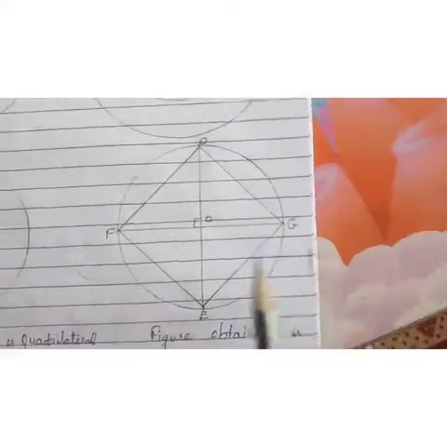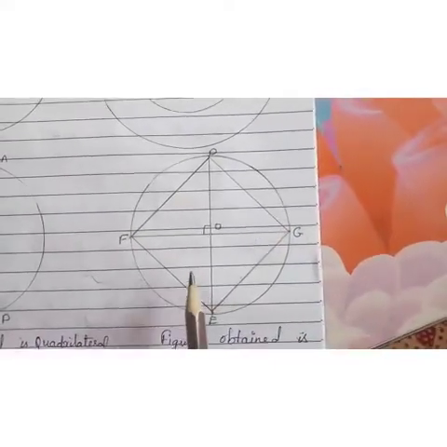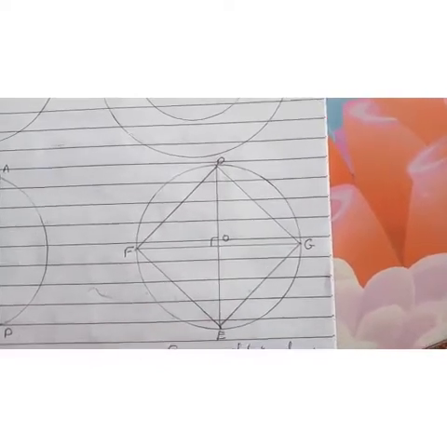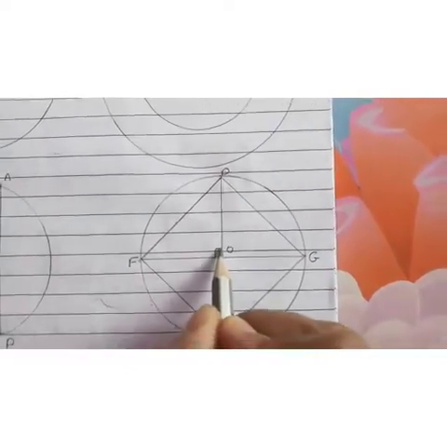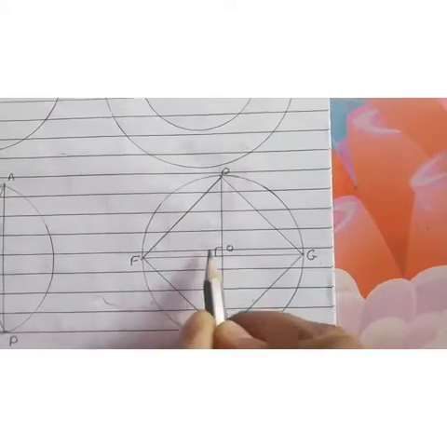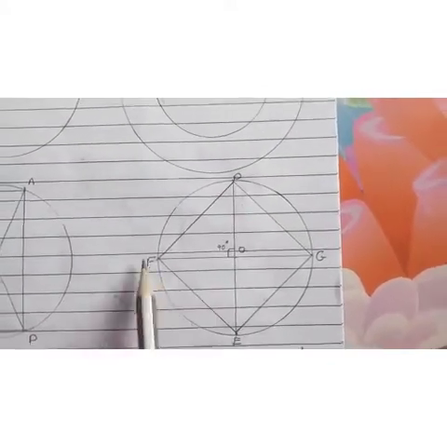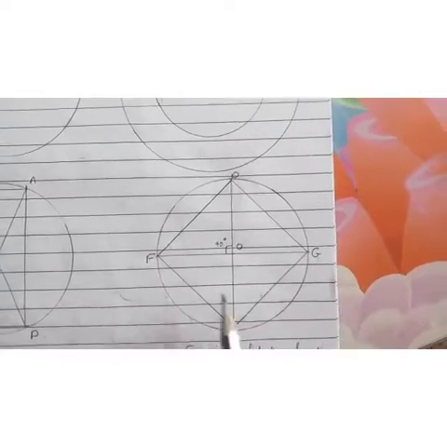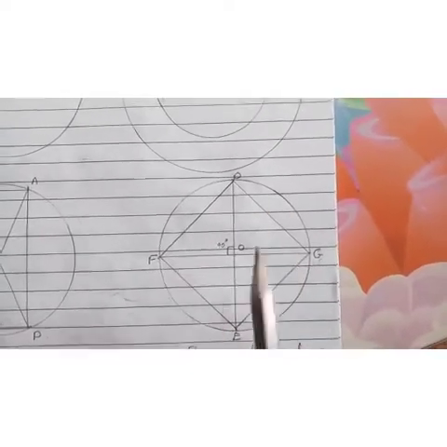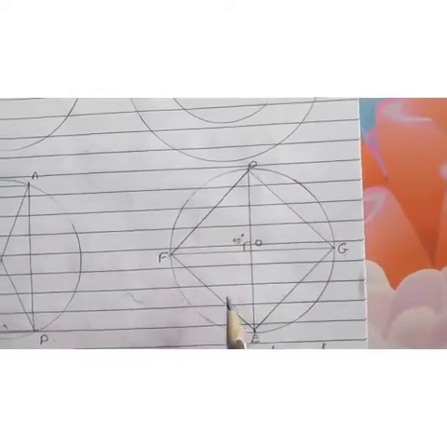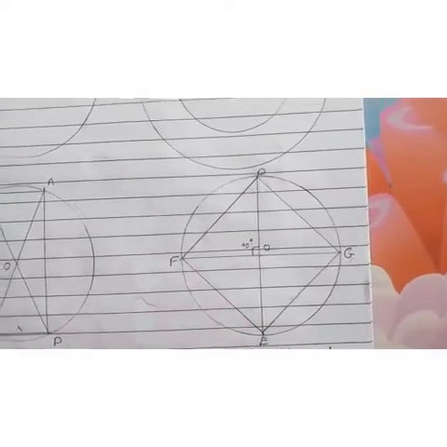Suppose in the same circle I draw the diagonals perpendicular to each other. Perpendicular means the angle formed when they intersect should be 90 degrees. So when I draw the diagonals perpendicular to each other and then join the ends of the diagonals, I observe that the figure formed is a square.